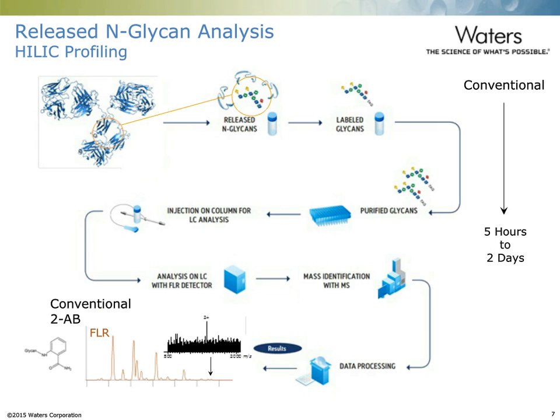In this case, it's LC or LC-MS analysis, and then go through the data processing in order to understand our data. In the past, this conventional workflow has taken up to 5 hours to 2 days in order to just prep the samples. And what we're going to talk about now is a new technology that Waters has developed to basically make this process more straightforward, streamlined, and easy to carry out.